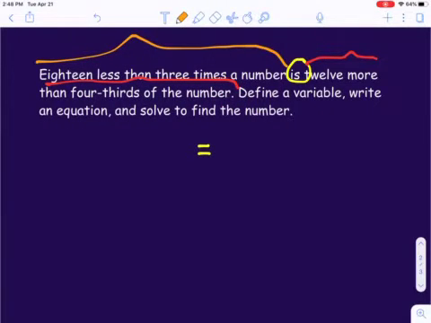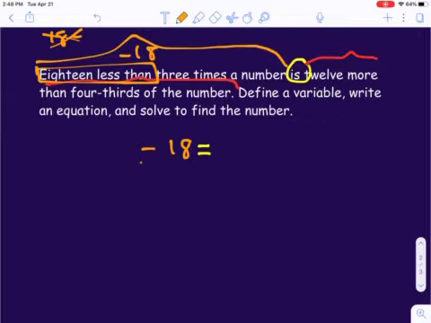Let's deal with 18 less than 3 times the number. Remember, whenever we see "18 less than," instead of thinking of that as 18 minus, don't. It's minus 18. Because if I said 18 less than 30, you would do 30 minus 18. You wouldn't do 18 minus 30. So that negative 18, or minus 18, two ways of saying the same thing, is going to be on the right side of that expression.